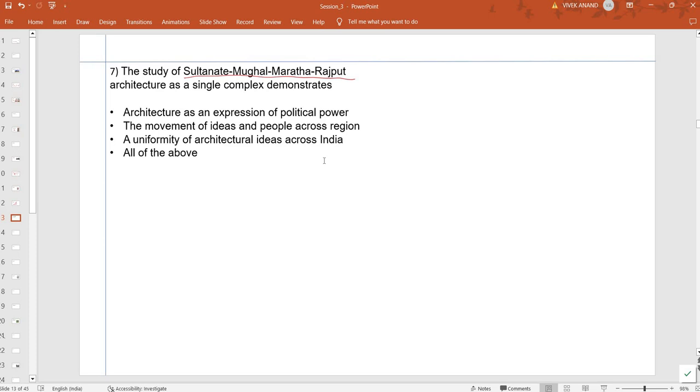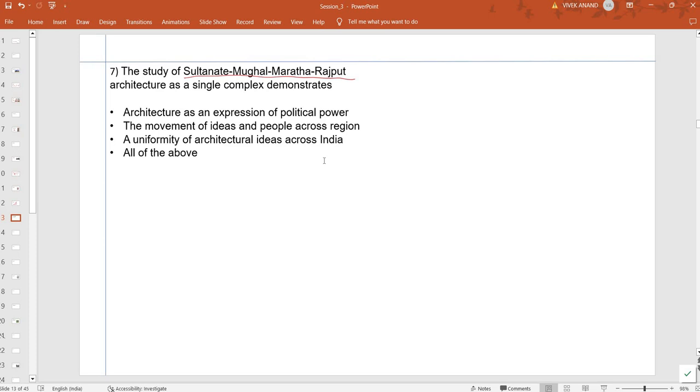So this expansion or constriction also allows movement of ideas from one place to other, when people move from one place to other due to migration or in search of a job or any calamity or in search of a better lifestyle or to occupy different lands. So the movement of people also allows movement of ideas, and that idea results in different styles of architecture.